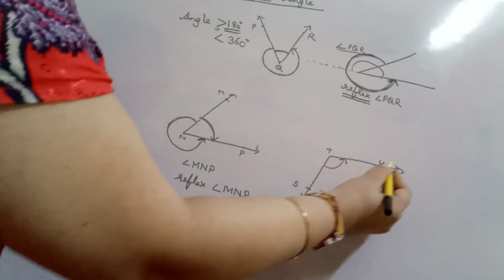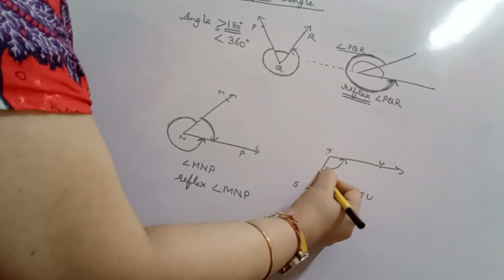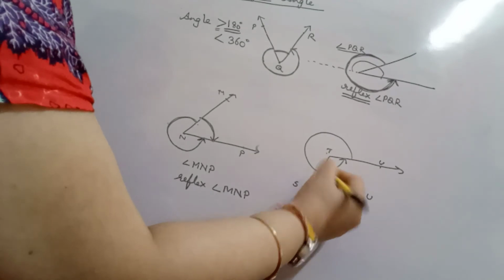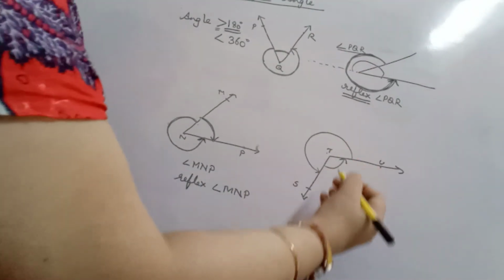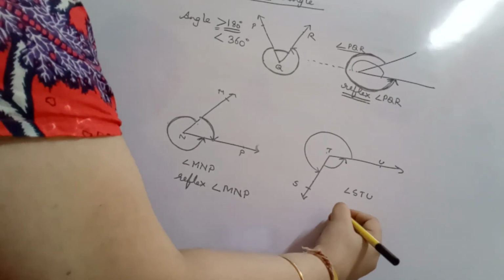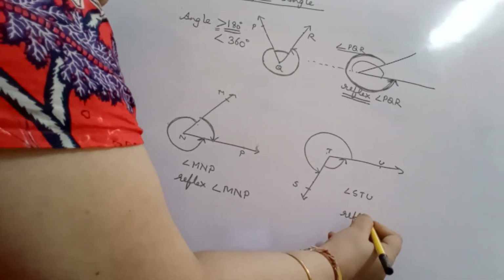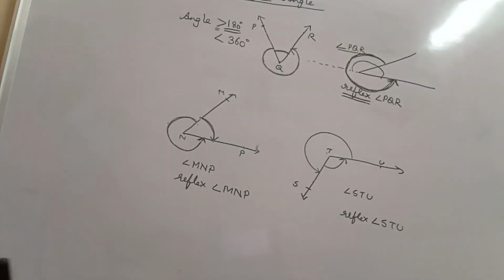You can start from TU also, you can start from ST also. So suppose I start from TU. So it will be going from TU till ST, and this would be reflex angle STU.